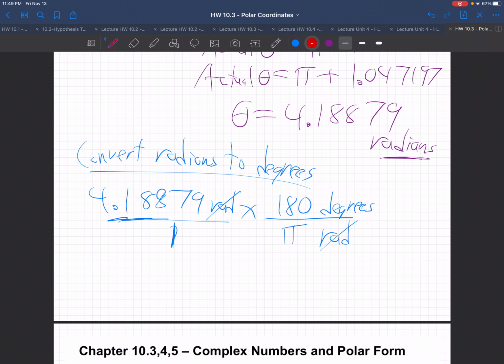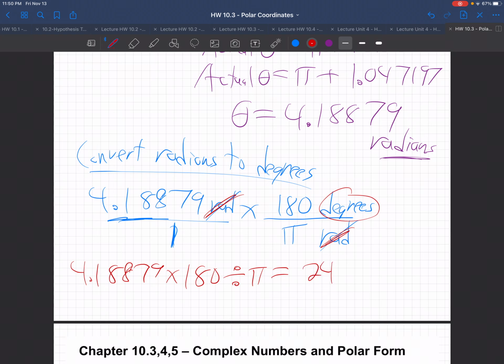On my calculator, 4.18879 times 180 divided by pi. I'm going to change to degrees. Radians will go away because I made them cancel. Use the pi button again. I'm getting 240 degrees.